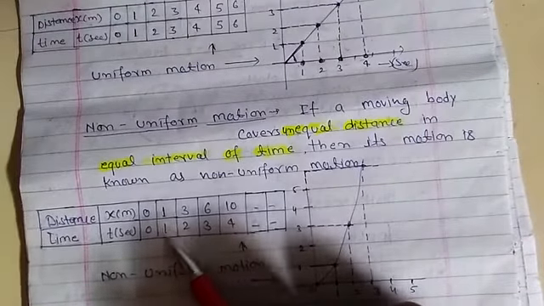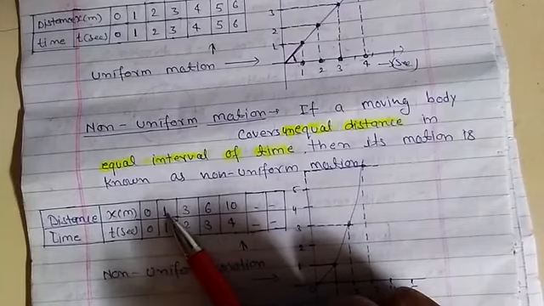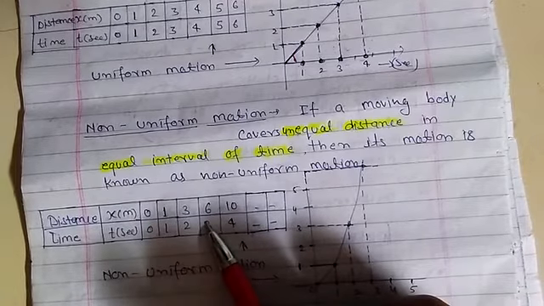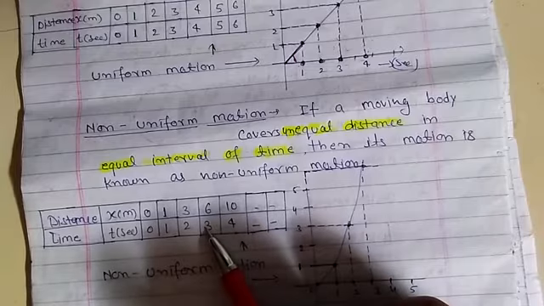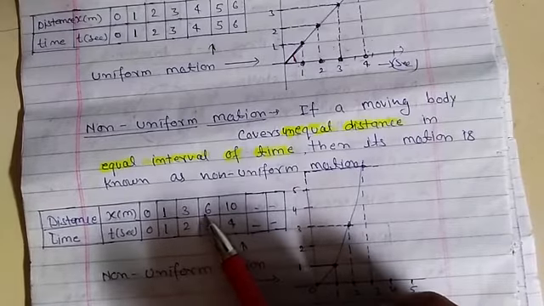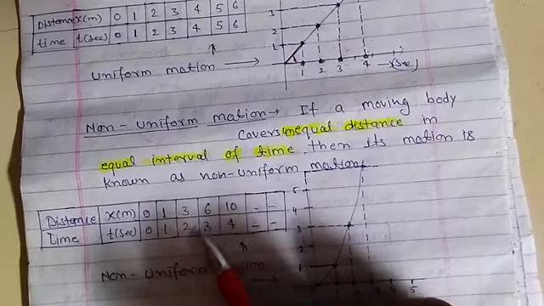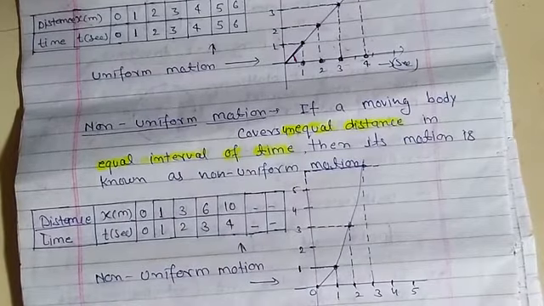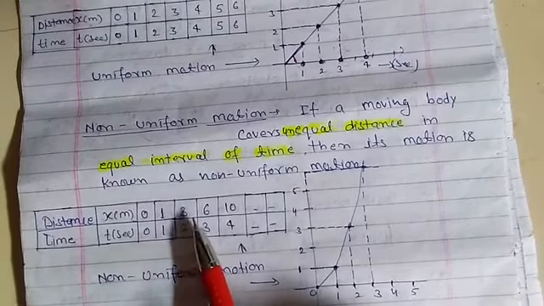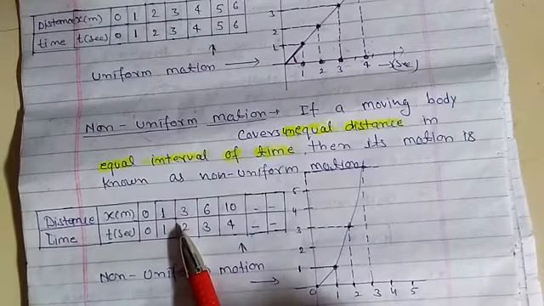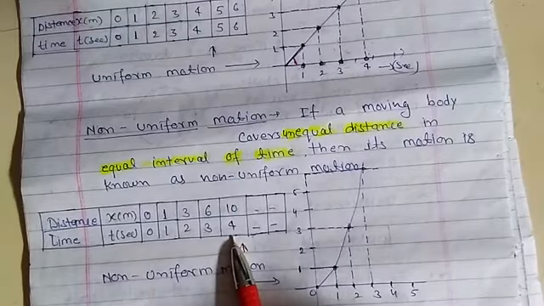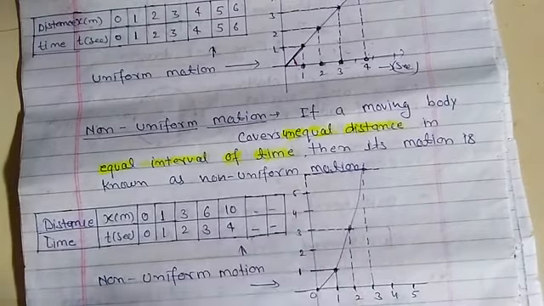For the interval of time of 1 second, the distance is 3 minus 1, 2 meters. For the next second, 6 minus 3 is 3 meters. So I want to make it clear to you that there is a different travel distance for the same interval of time. In this case, we will describe this data on the graph.